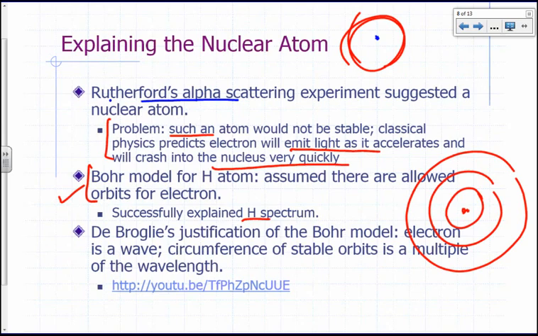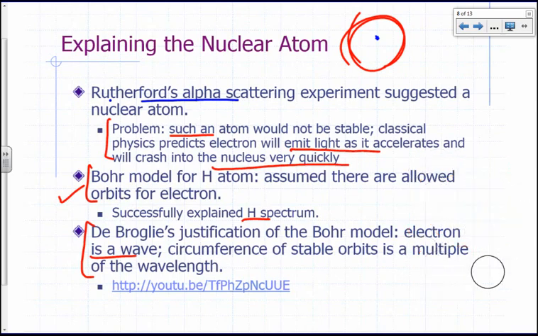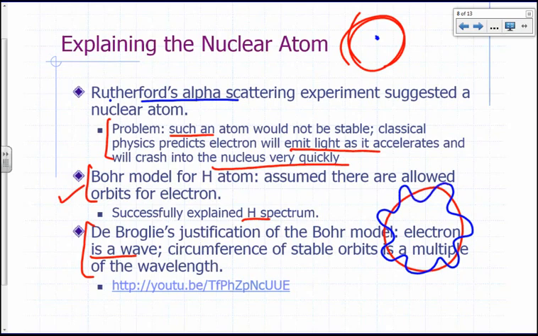Now, de Broglie was able to make a justification, sort of, for the Bohr model by proposing that the electron is a wave. The idea was that the justification for those stable orbits is that if you have an orbit that's allowed, it must be because the circumference of that orbit is a multiple of the wavelength of the electron. And if you have a multiple of the wavelength, then you don't get destructive interference of the wave around that orbit.